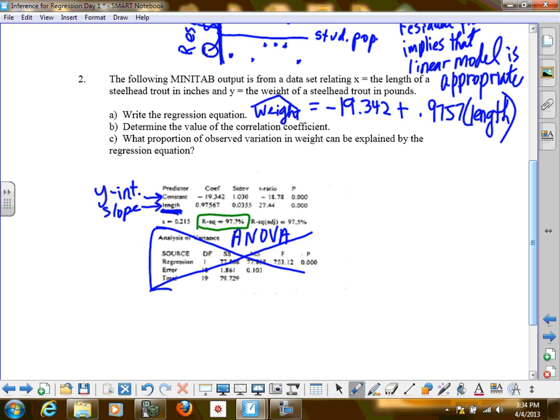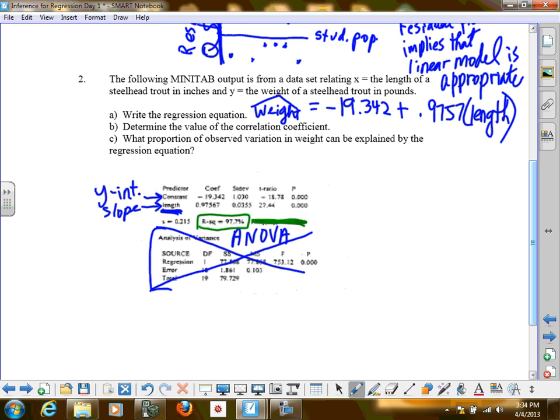And by the way, R squared adjusted is none of your concern. That comes from knocking off the highest value and the lowest value of the sample. So they're kind of trying to account for any extra variation and knock that off.